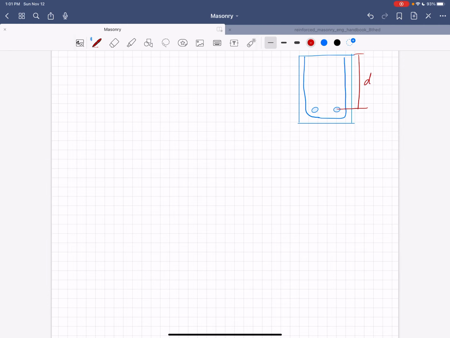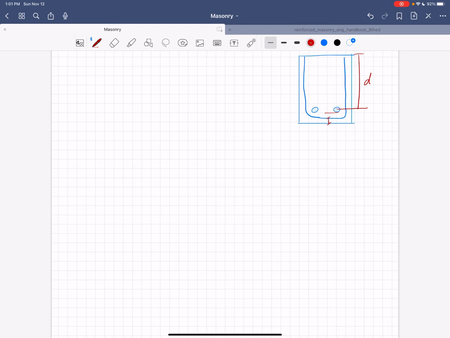I need to know the wall thickness, and how far to the bottom of those bars, and then I add a half diameter. This is actually in one of the ASTM specs, but we're going to go look at the handbook. It's also in TMS 402, plus TMS 602 because it's a specification.